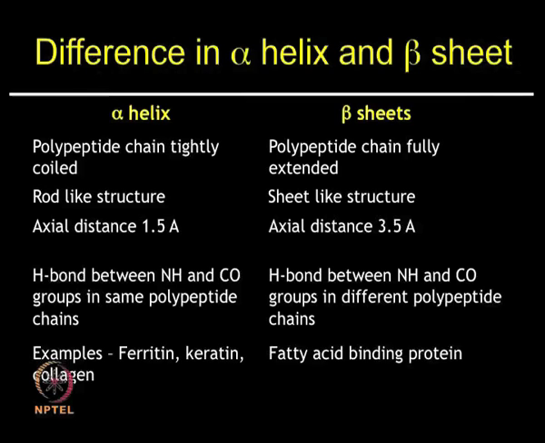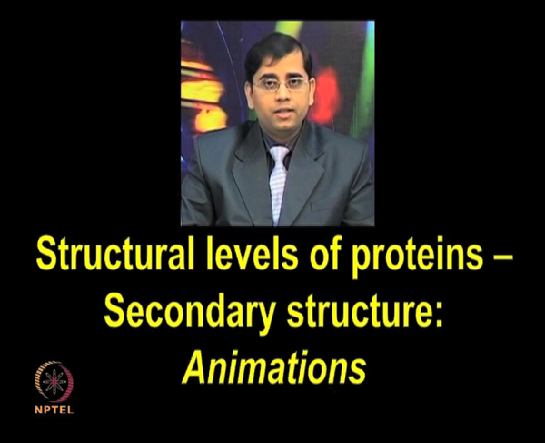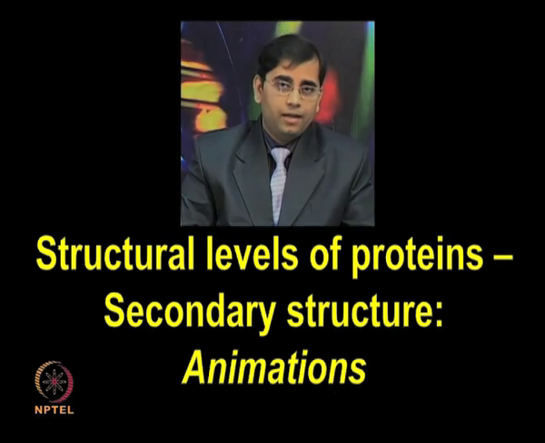In alpha helix, the hydrogen bonds are between NH and CO groups in the same polypeptide chain, whereas in beta sheet they are in different polypeptide chains. Alpha helix examples include ferritin, keratin, collagen, etc. In beta sheet, an example is fatty acid binding protein. Some of the properties of secondary structures will be described in the following animation.